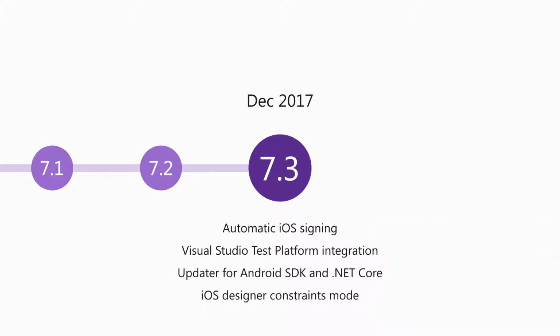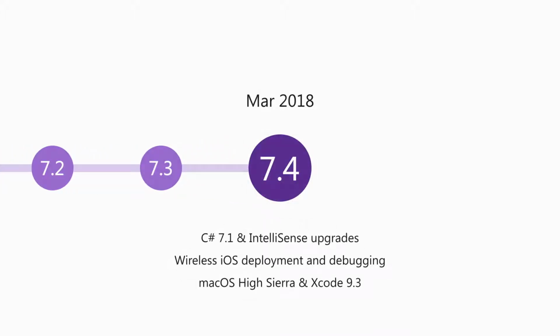We then overhauled the iOS signing experience, making that much smoother, so you no longer had to manually provision your devices and so on. In 7.4, we made some upgrades to C# in IntelliSense, full support for C# 7.1, and we made the iOS deployment and debugging experience much easier because you can now do that wirelessly over Wi-Fi. So if you wanted to have a headset or an accessory plugged in, for example, you can now do that while you were debugging.